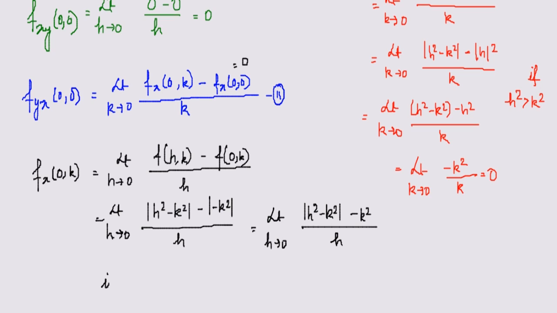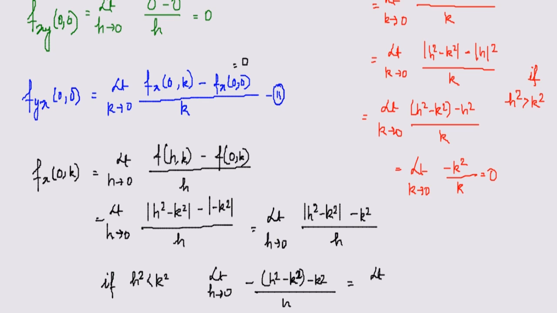Now if h² is less than k², we will write the limit as h tends to 0 of (-(h² - k²) - k²)/h.